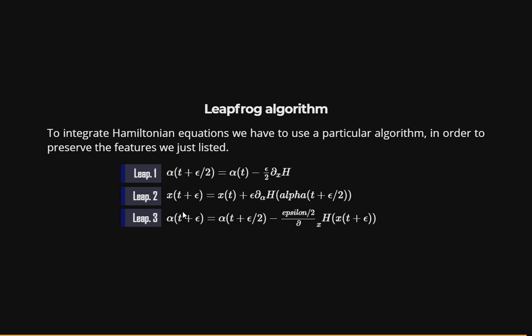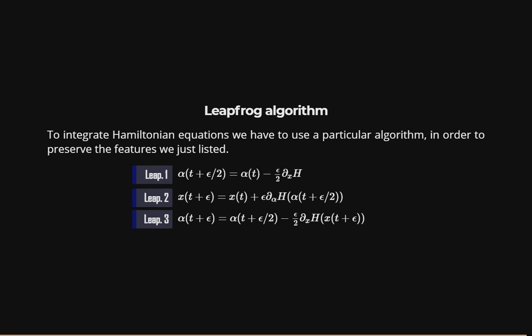And now we update also alpha from alpha t plus epsilon halves to alpha t plus epsilon using epsilon halves times the x derivative of H at x t plus epsilon.